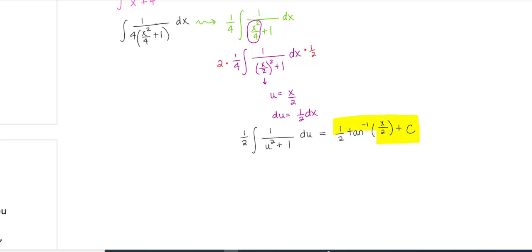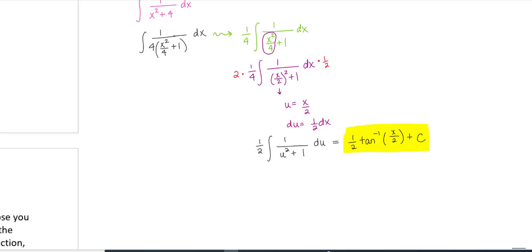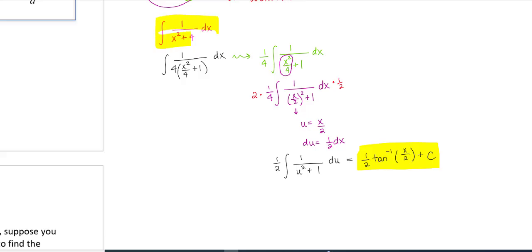So let's see if I can maybe make some generalizations. If I look back at the original here, I had the antiderivative of 1 over the quantity x squared plus 4. And if I think of it in terms of 1 over, let's write it in the same order here. So if I have 1 over u squared plus a squared, and I'm integrating with respect to u, I can see the a, or the constant value, is what I'm squaring as a constant.